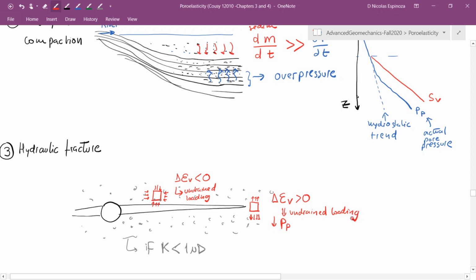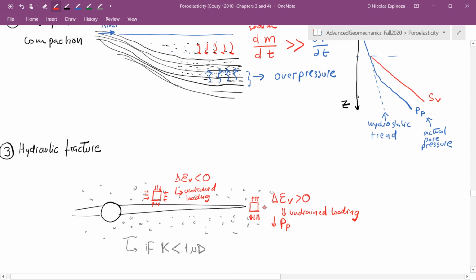This is a very interesting phenomenon, because what this is telling us is that at the tip of the fracture we could decrease the pore pressure because of the extension or increase of volume of this element.